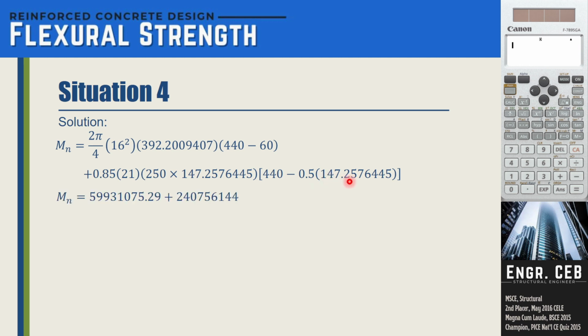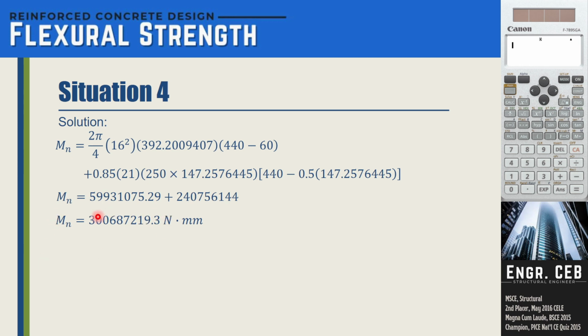So the nominal moment strength is equal to, for the first part, 599,310.75. Then for the second part, that is 240,756. So the nominal moment strength is 300,687,219.3 Newton millimeter. Okay?